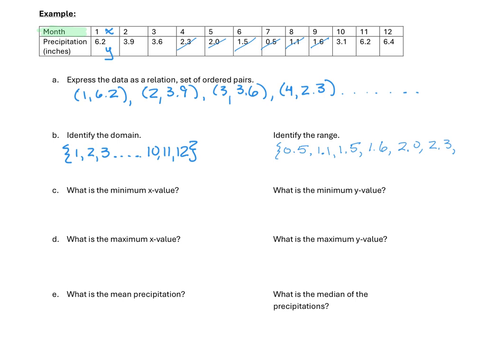We have 3.1, 3.6, and 3.9. We have 6.2, 6.2, and 6.4. And so there are all of those.